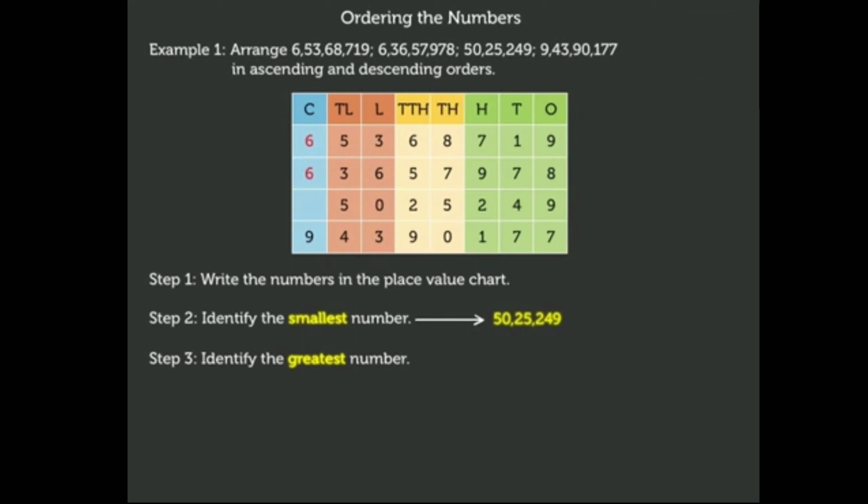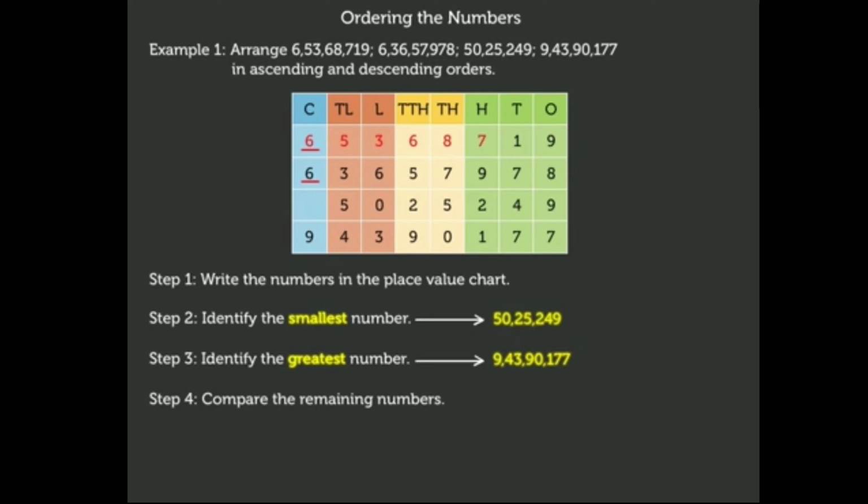Here, amongst the digits 6 and 9 in the crore place, 9 is the greatest digit. Hence, the greatest number is 9 crore 43 lakh 90,177.